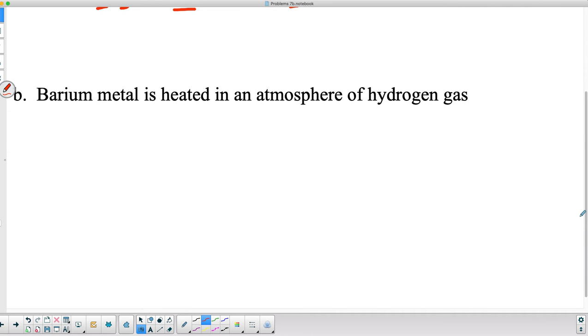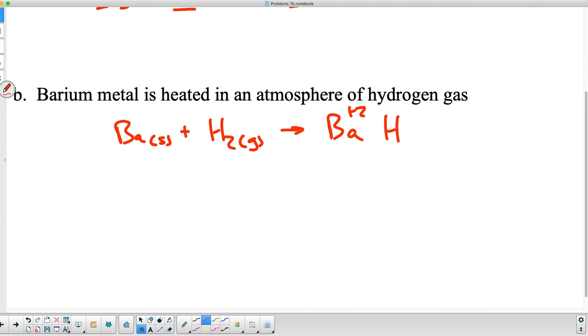So barium metal heated in an atmosphere of hydrogen. Don't forget about Brinkelhoff because he hasn't forgotten about you. And then on this side here, if I have hydrogen, of course we have barium and hydrogen. Barium has a +2, okay, and hydrogen will have a -1. So it looks like that 2 from Brinkelhoff doesn't go anywhere, but it actually does.